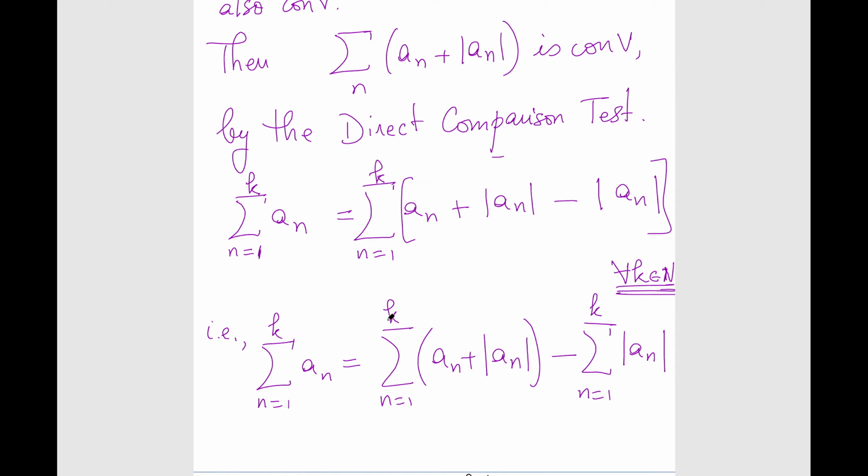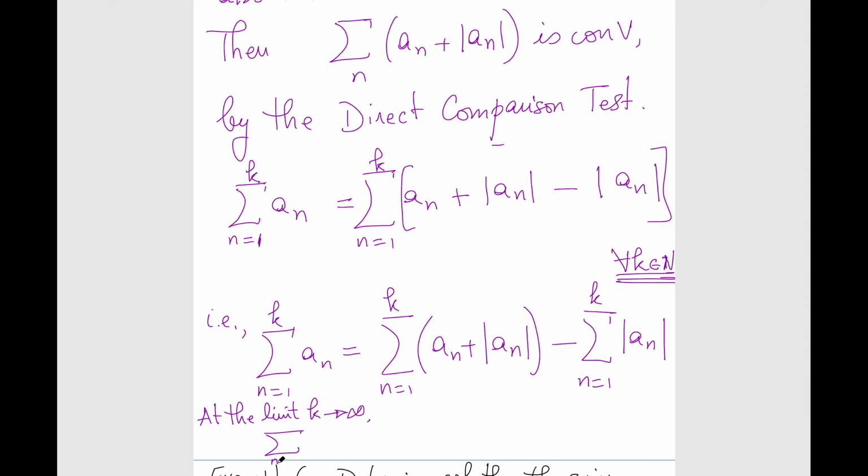How about we let k go to infinity now? If you let k go to infinity, what do you get right there? So at the limit, when k goes to infinity, this guy becomes the full series, the full series from 1 to infinity, an.